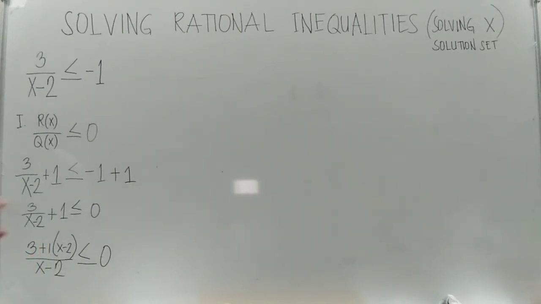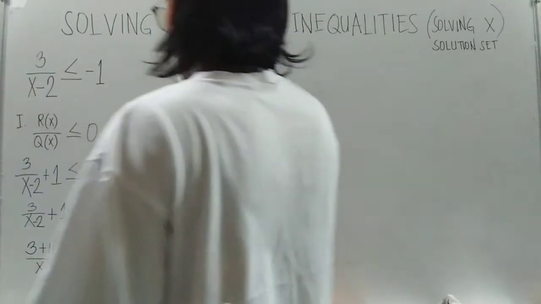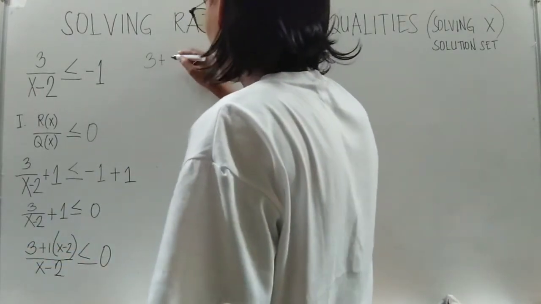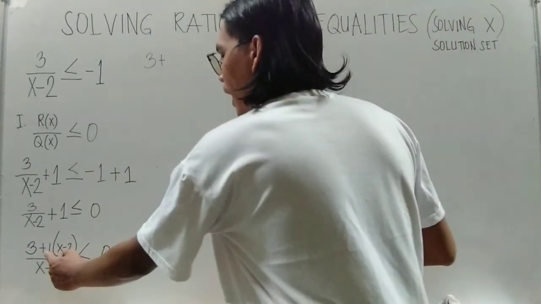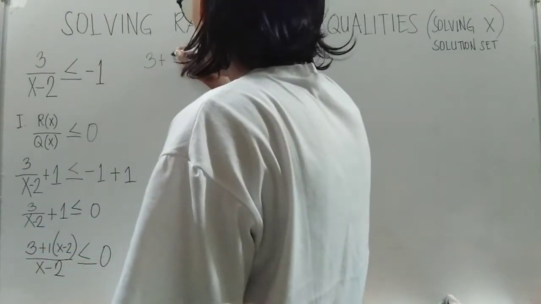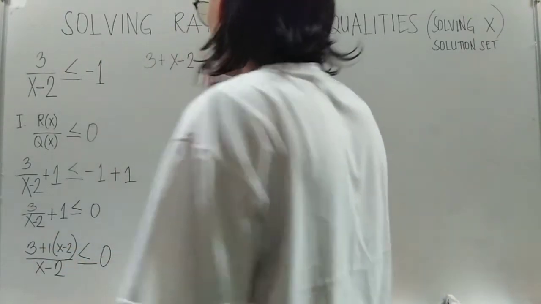So it is just like adding your whole number to a fraction and then using the LCD on this side of your inequality. Okay? So to simplify, you have 3, plus 1 times the quantity of x minus 2, which is x minus 2.